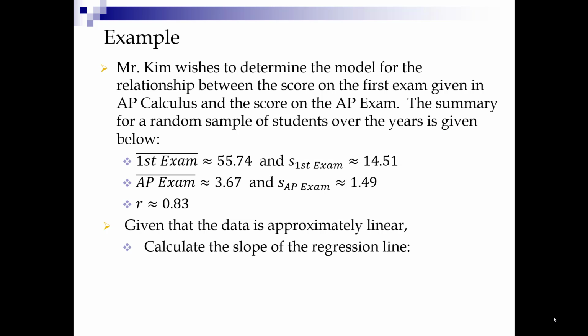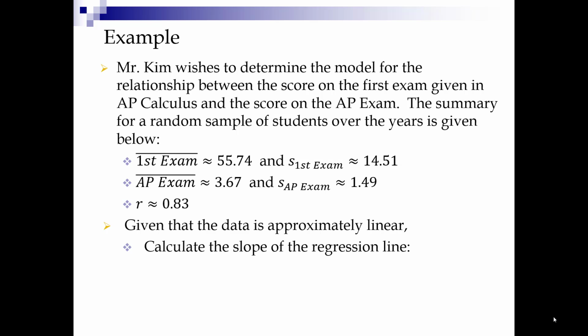So let's say, for example, I wish to determine the model of a relationship between the scores on the first exam given in AP Calculus and the score that they receive on their AP exam. The summary for a random sample of students over the years is given below. The average first exam score is approximately 55.74 with a standard deviation of 14.51.